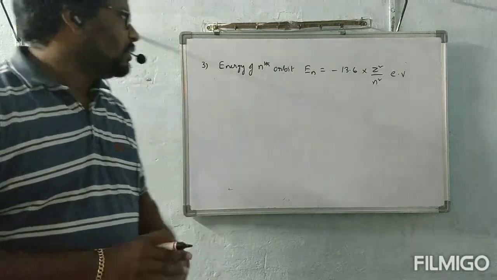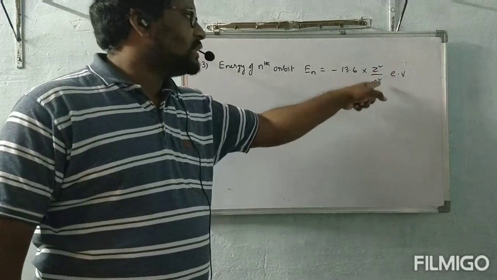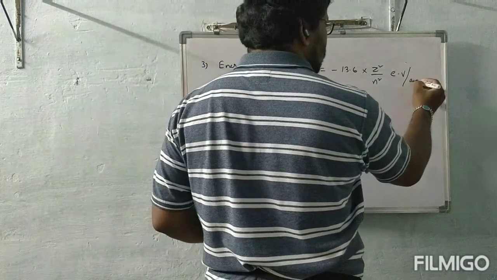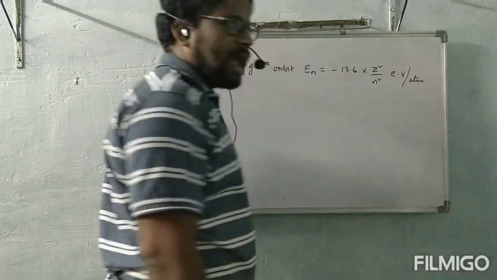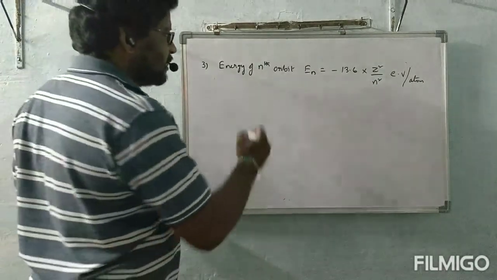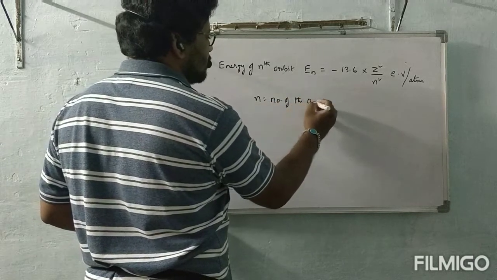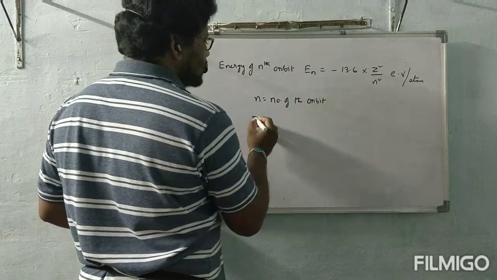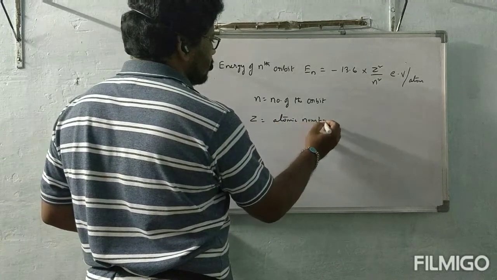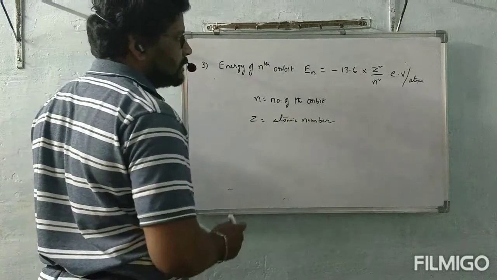Now, energy of nth orbit En is equal to minus 13.6 into Z square by n square electron volt per atom. This is per one atom; how much energy is there. Here n is the number of the orbit, Z is the atomic number, and En is the energy of nth orbit.